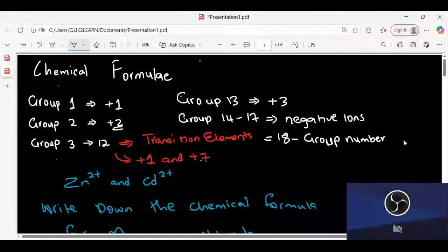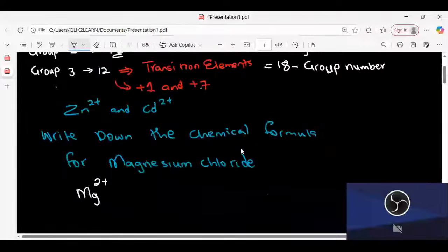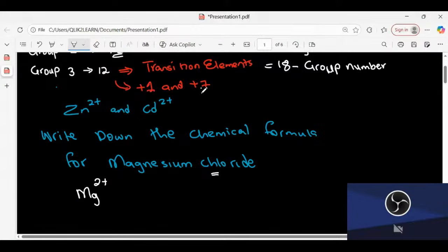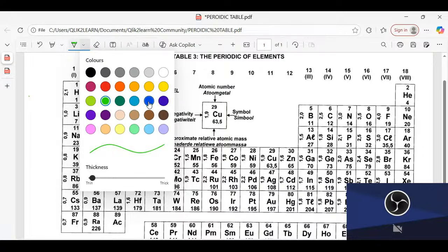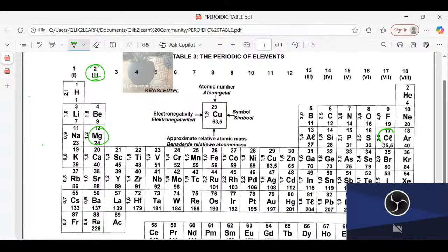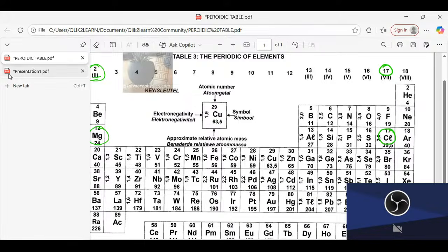Now look at this. We have chloride. Go to the periodic table and I need to show where chloride is. So this is my Cl. You see Cl is in group 17.